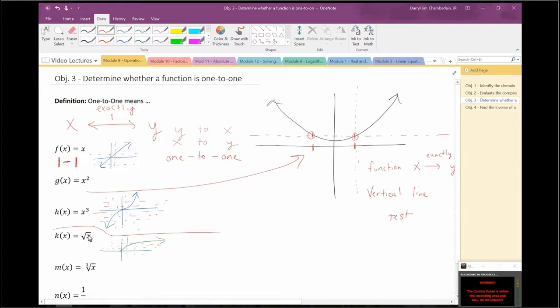Because every time I plug in an x value, like 3, this is something different than if I had plugged in 3.1 and 3.2. As these numbers get bigger, the square root of that number gets ever so slightly bigger. So these are all giving me unique y's, y's that are different than the others.